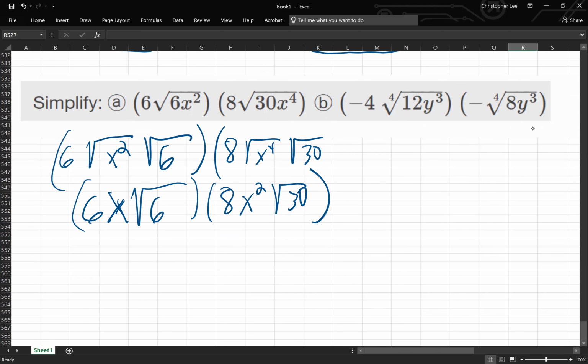Multiply these together. 6 and 6 is 12, 24, 48. This is 48x to the third times the square root of 180, as you were saying, right?